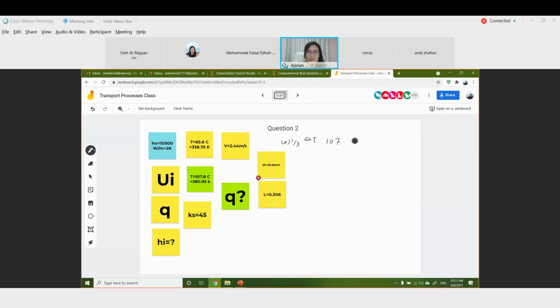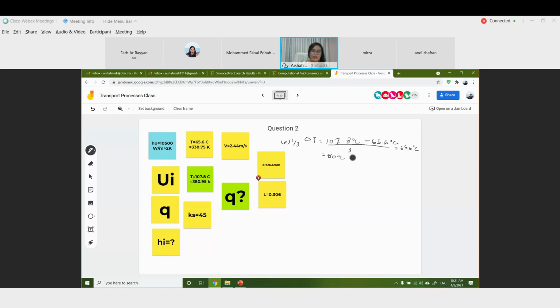107.8 degrees C. The inlet water temperature is 65.6 degrees C. If you subtract this, you will get the delta T. After you get the delta T, you take only 1/3 of that, so divide by 3, plus 65.6, and you will get around 80 degrees Celsius.